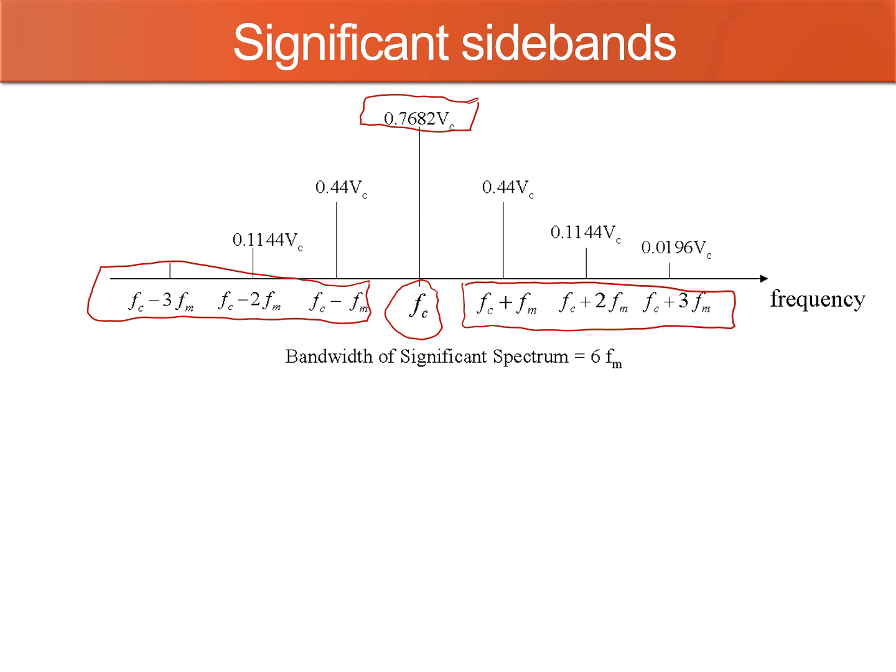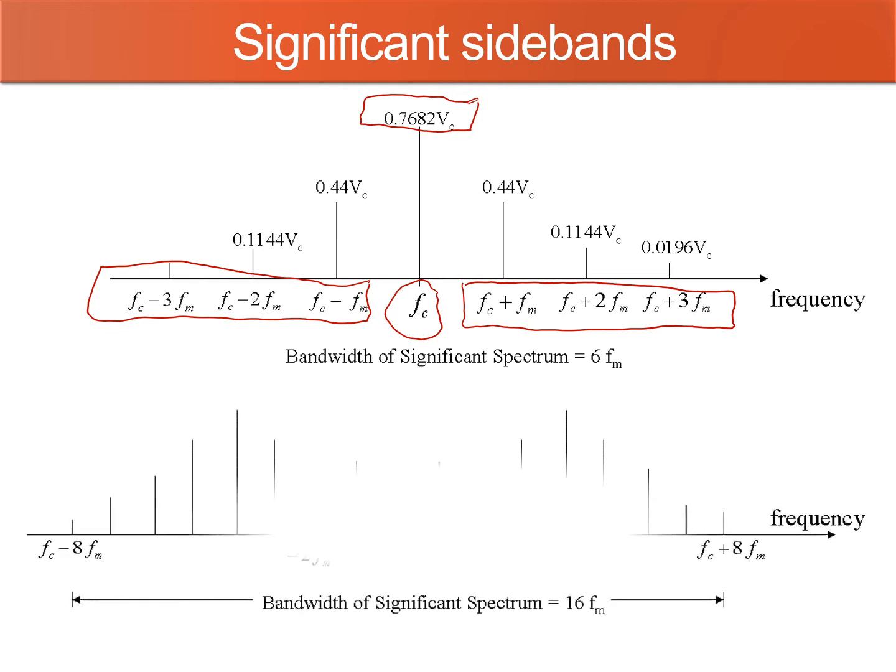So it is a pair of 1, 2, 3 sidebands, and given the bandwidth of the spectrum is 6 Fm. So 1, 2, 3, 4, 5, 6. 6 Fm.